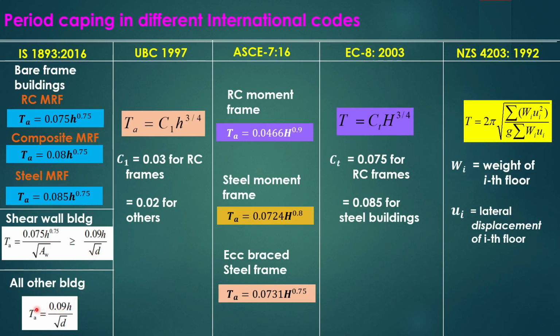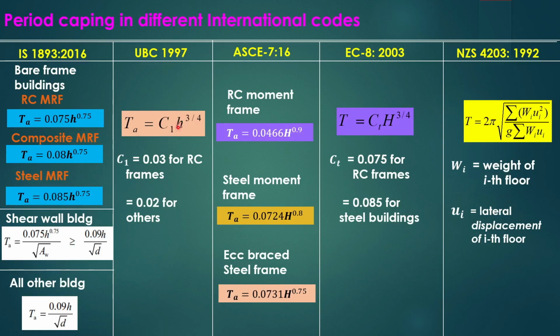For all other buildings in the Indian code, the approximate time period formula is given by 0.09 H divided by the square root of D. H is the total height of the building, and D is the dimension along the direction in which the earthquake is acting. Since in the plan we have two major directions, the shorter direction and the longer direction, we shall have two approximate time periods given by this formula, one along the short direction and another along the long direction.